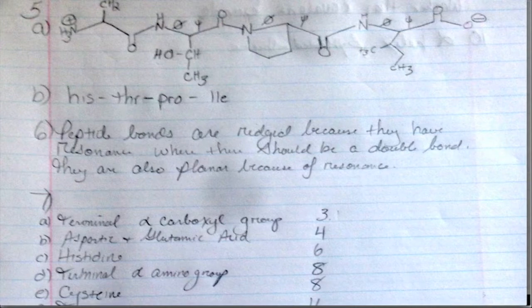Okay, and you said peptide bonds are planar because of resonance. What is it about the other resonance structure that makes them planar? There is no free rotation. There is no free rotation, but that doesn't explain why they're planar.